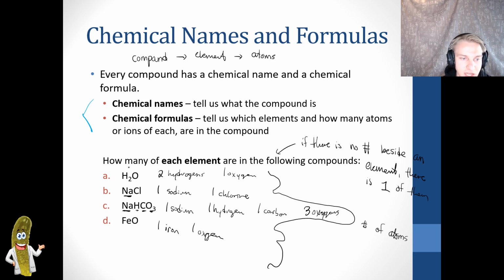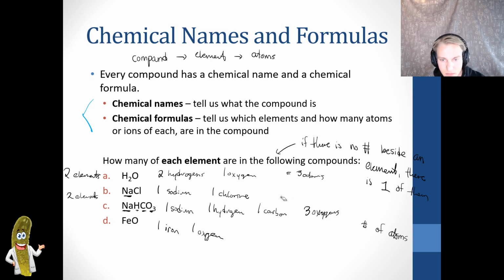So with H2O, we would say that's made of 2 elements, but we would also say that it's made of 2 hydrogens and 1 oxygen, so 3 total atoms. So this is equal to 3 atoms. NaCl is made of 2 different elements, and this one, because there's 1 of each, is also made of 2 atoms.